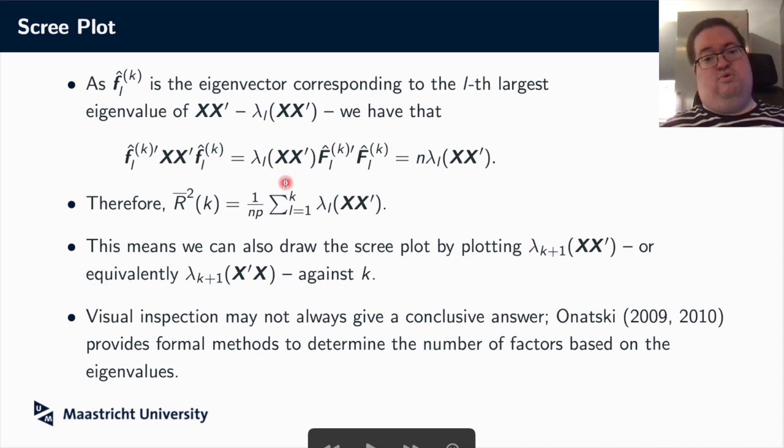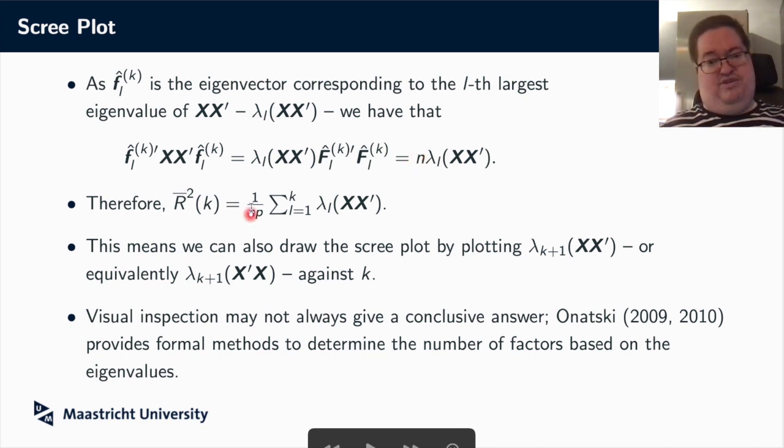Well, then we also know that by the way that we standardized in principal components, the way that we identified our factors, they should be orthogonal and particularly F_l prime F_l should be equal to n.